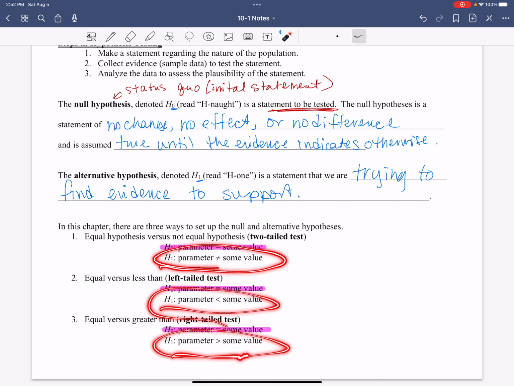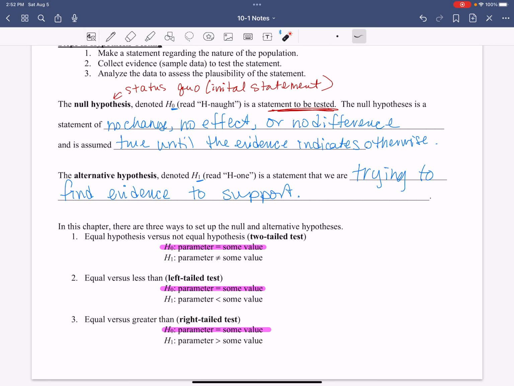So are we just saying that this is not equal to this? Is there just some change that is happening? That's a not equal sign. So it's just different. There is some kind of change.